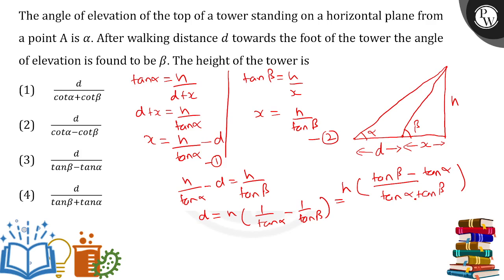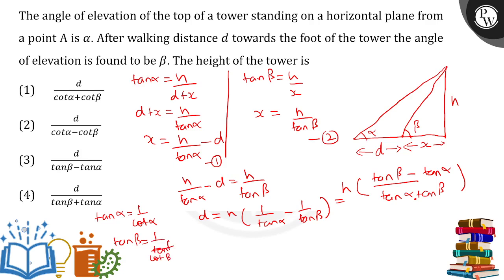But in the options I can see cot alpha and cot beta. So basically I can convert tan into cot. Let me convert tan in the form of cot. I'll write tan alpha as 1 upon cot of alpha, and similarly tan of beta as 1 upon cot of beta.